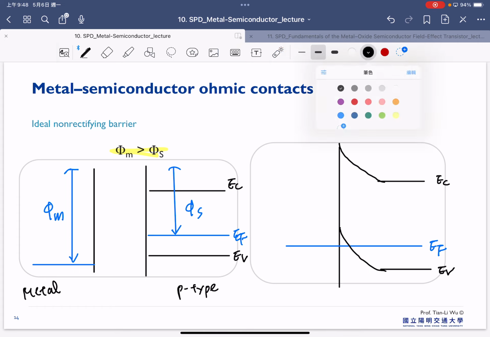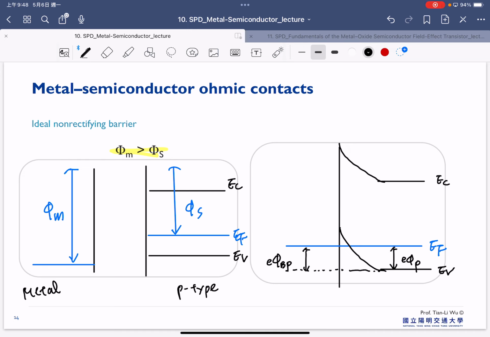So our... this is our here. Our barrier is equal to here phi p.